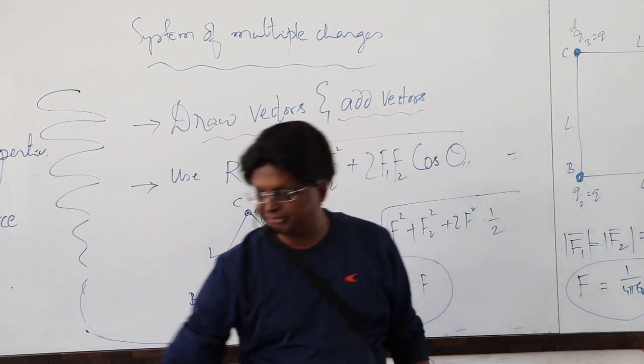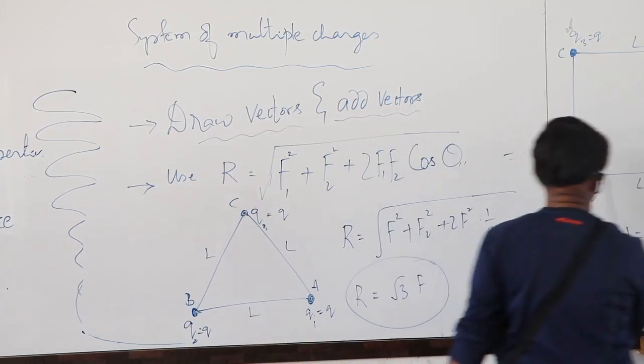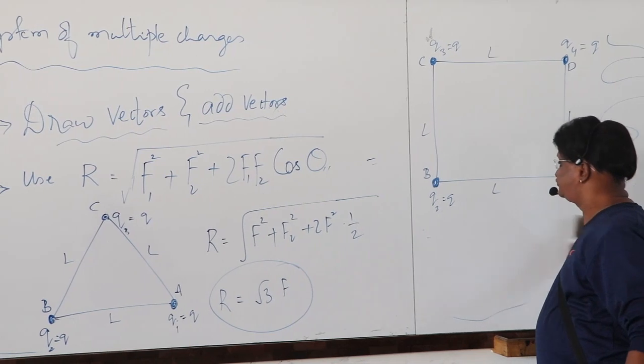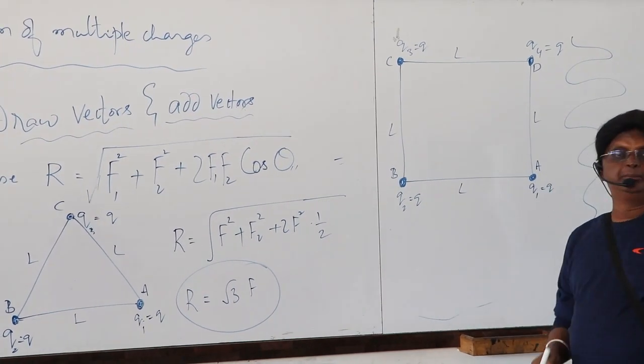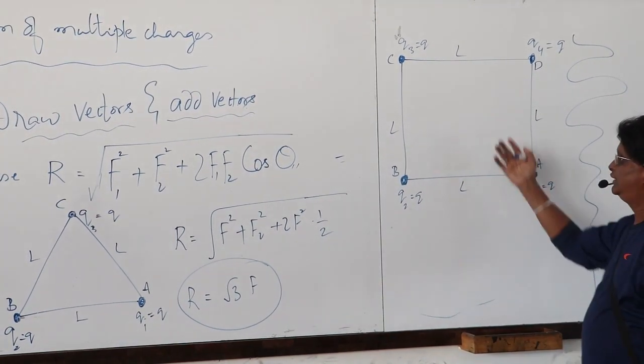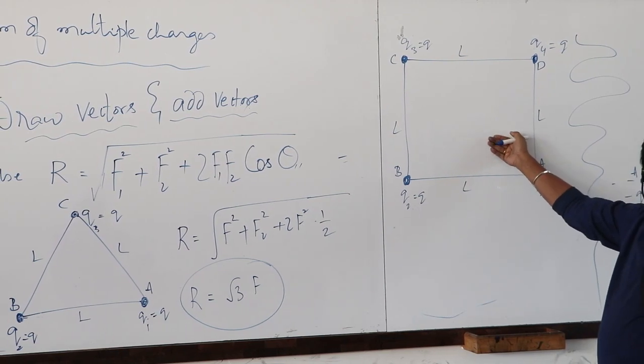Now just one more example, where I have increased the number of charges this time. We made it 4 charges and the geometry is now a square.